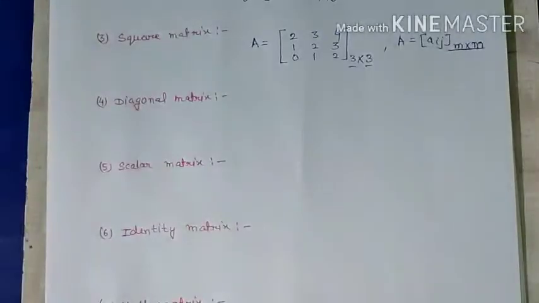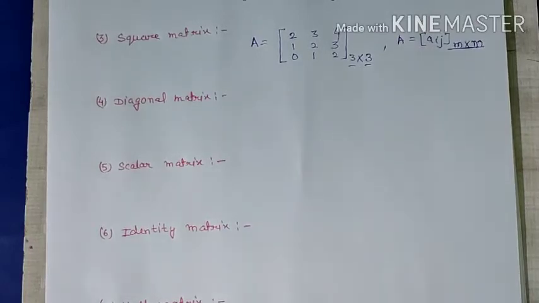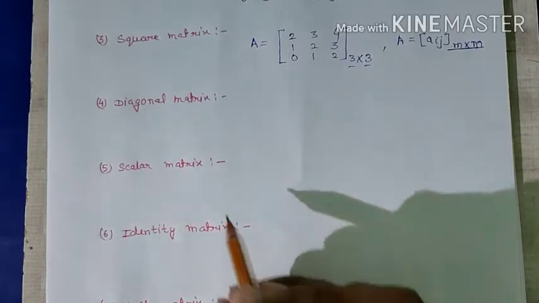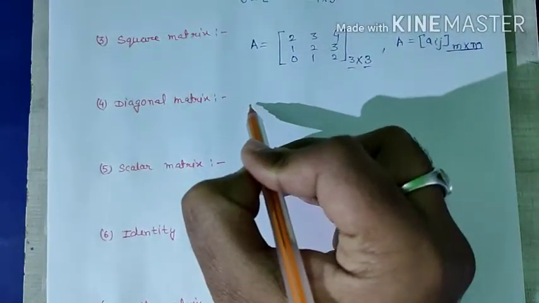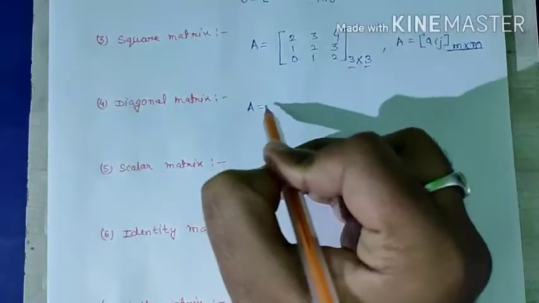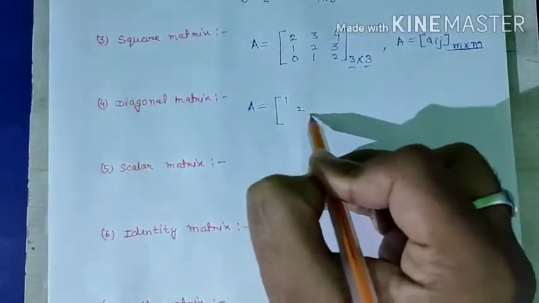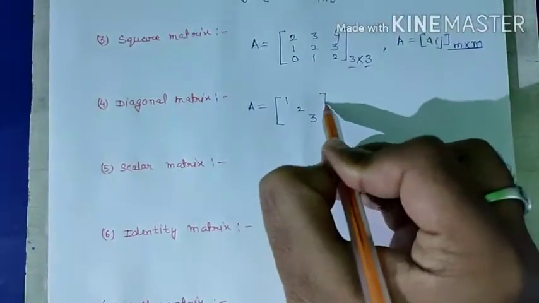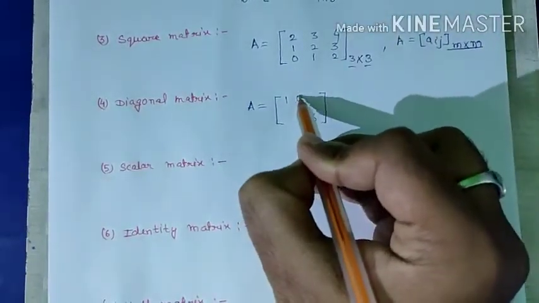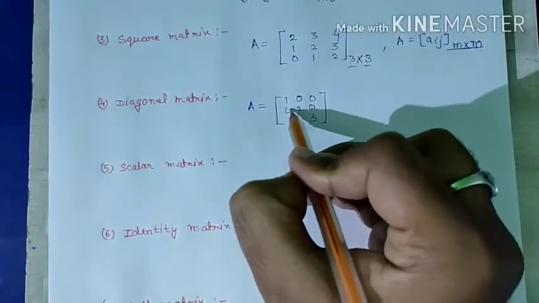Now we'll study the diagonal matrix. A diagonal matrix is a kind of matrix in which all the elements except the diagonal are zeros. Like if I give you an example, A with 1, 2, 3 on the diagonal. Suppose these are the elements, rest all are zeros.